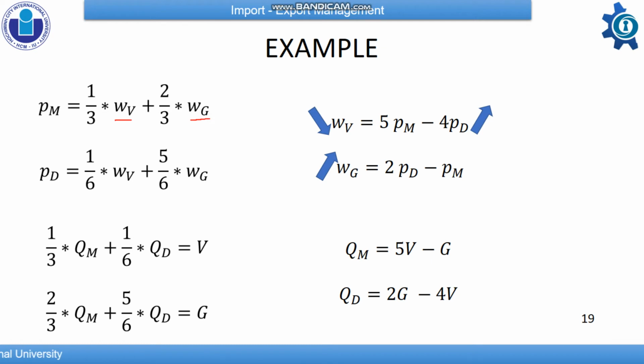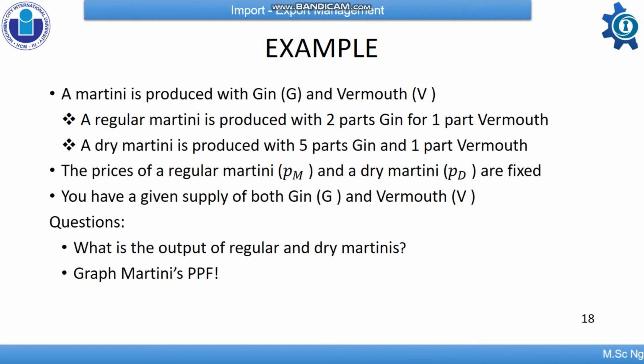And the same, we can also calculate the price of our dry martini, that is equal to 1/6 times the wage for vermouth and 5/6 times the wage for gin. Why do we have 1/6 and 5/6? Here we see the dry martini is produced with 5 parts of gin and 1 part of vermouth.